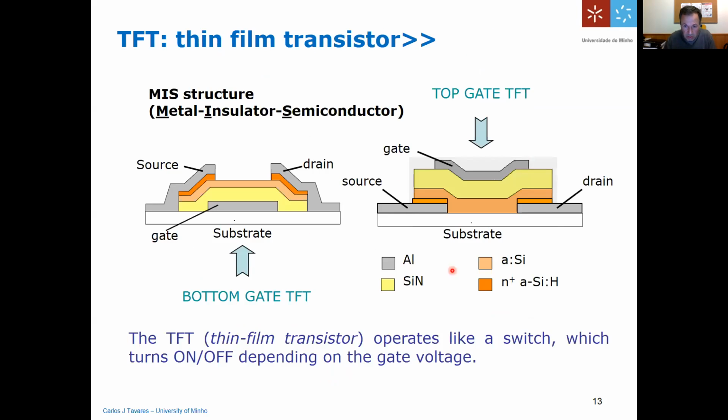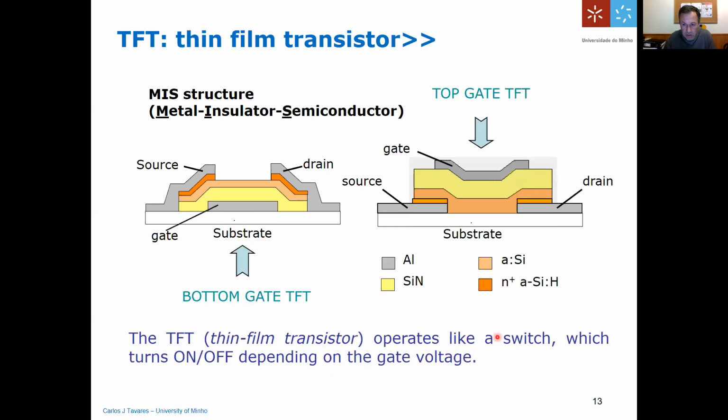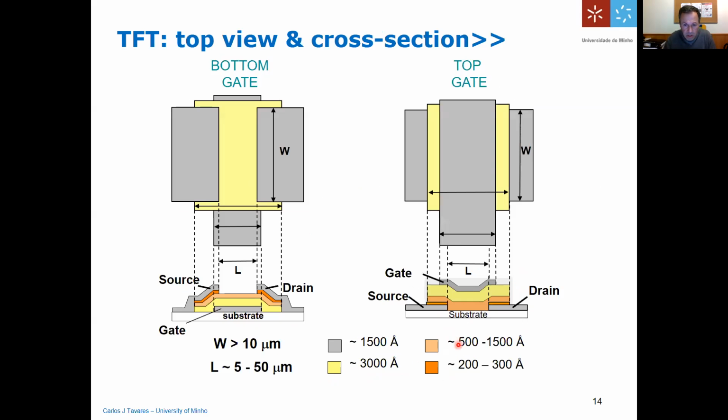This yellow material, the dielectric silicon nitride, can be about 300 nanometers, and the silicon layers are in the range of 50 to 150 nanometers for one of them, and the other from 20 to 30 nanometers, okay?